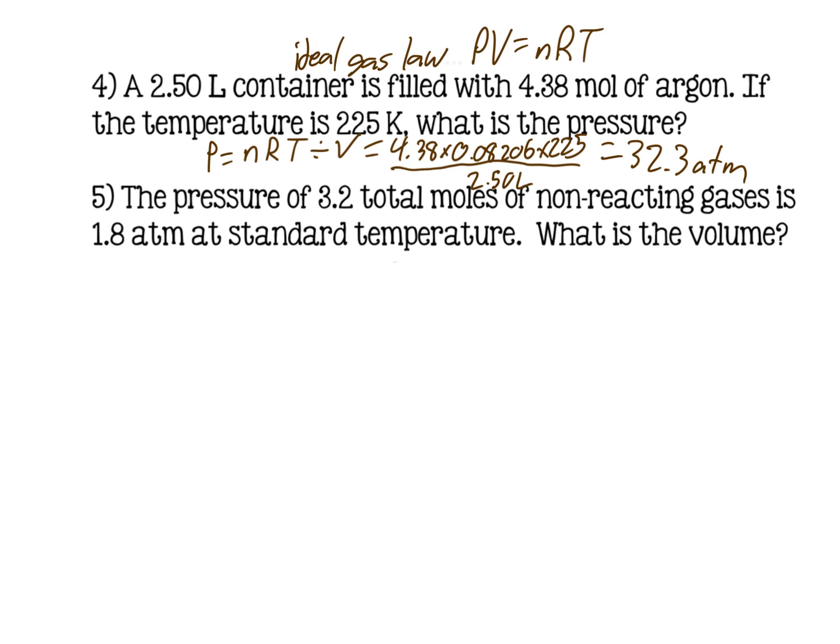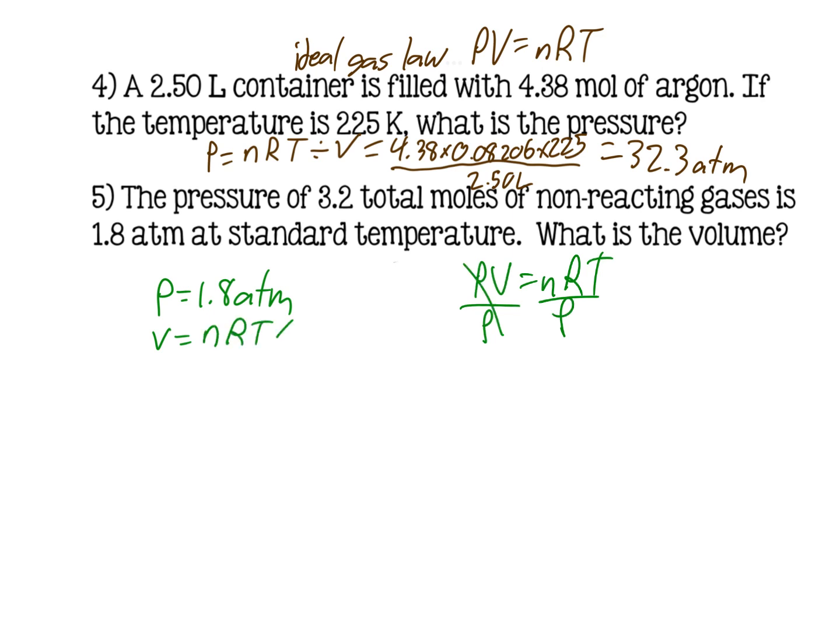The pressure of 3.2 total moles of non-reacting gases is 1.8 atm at standard temperature. What is the volume? First, we need to solve the ideal gas law, PV equals nRT, for volume, V. So we're going to divide both sides by P, and we get volume is equal to nRT over P. Our pressure P is 1.8 atm.